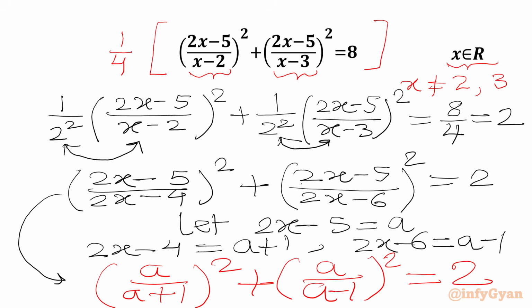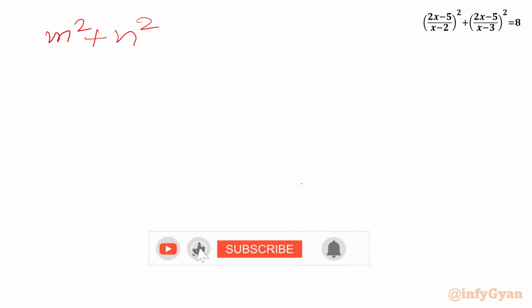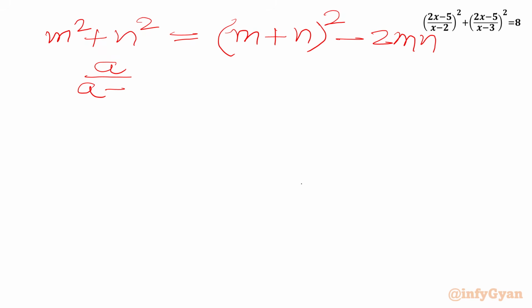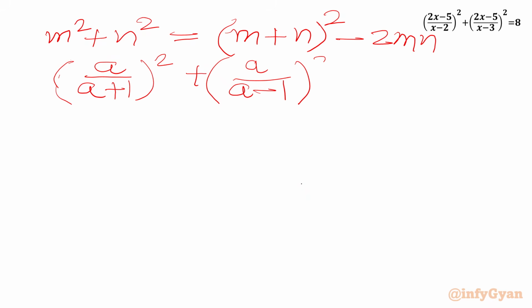Now we will be using one algebraic identity which says m square plus n square can be written as m plus n whole square minus 2mn. Let me write our equation: a over a plus 1 whole square plus a over a minus 1 whole square equal to 2.